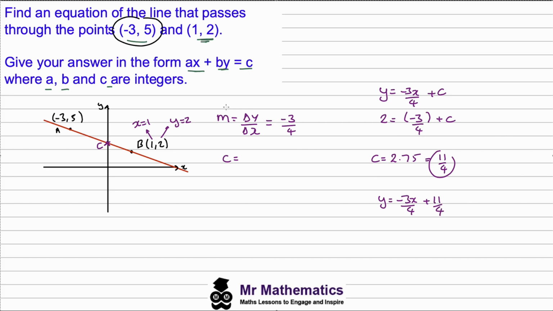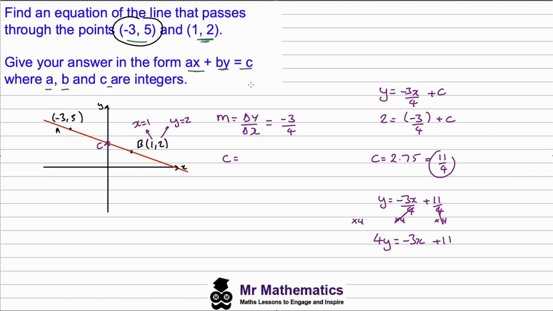If we go back to our question, it wanted the values of a, b, and c as integers, so as whole numbers. So if we multiply everything by 4, this will cancel out this division. So these will go, and these will go. So we'll have 4y will equal -3x plus 11.